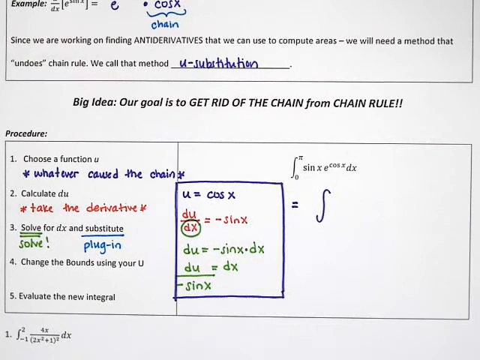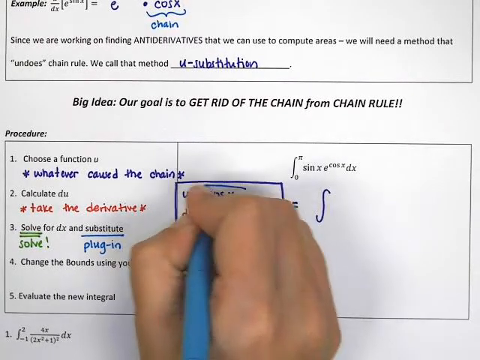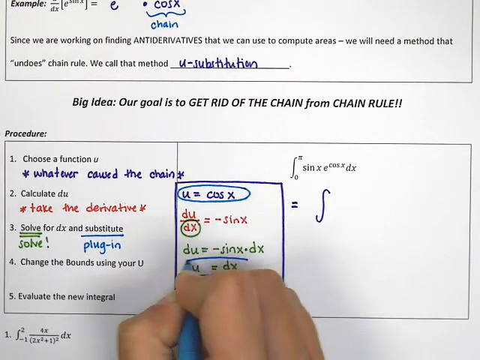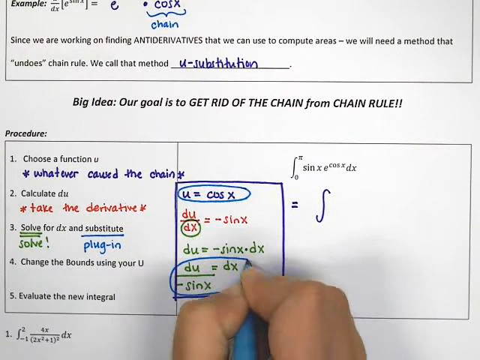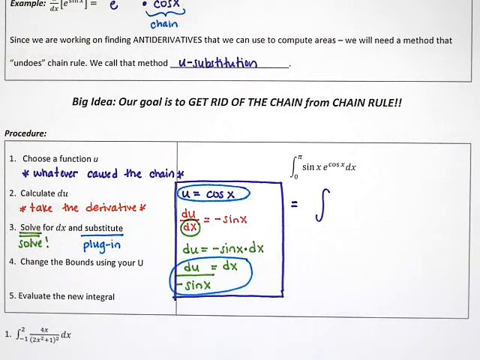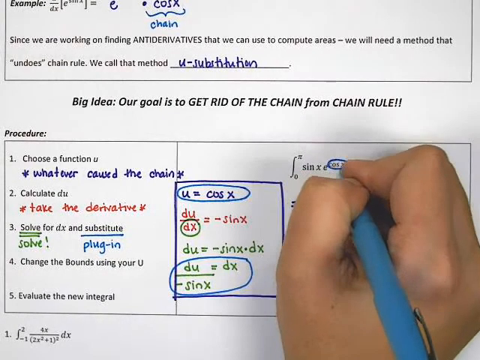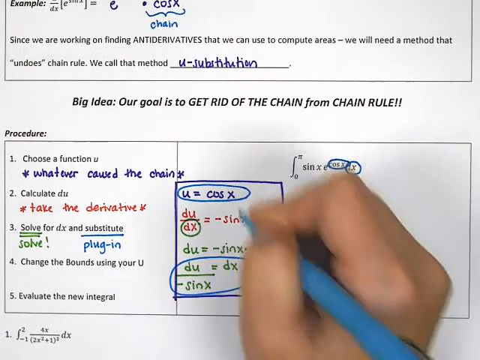Write the integral symbol, but don't fill in the bounds yet. We're going to do that in a minute. Now, we know here that u is cosine of x. And we know that dx is du divided by negative sine of x. So we're going to replace cosine and dx with what I just circled.